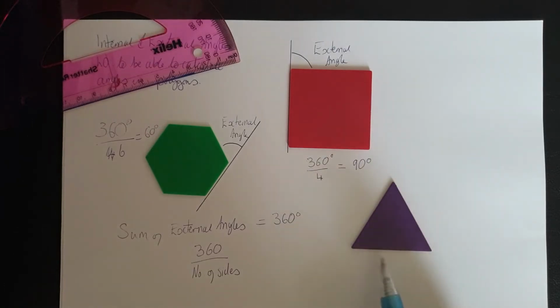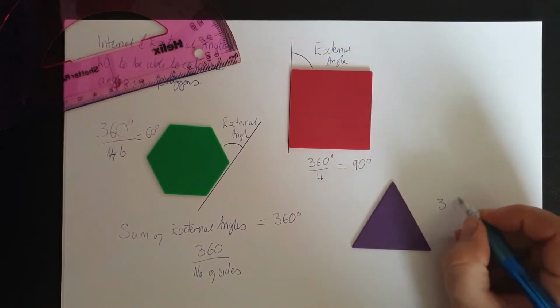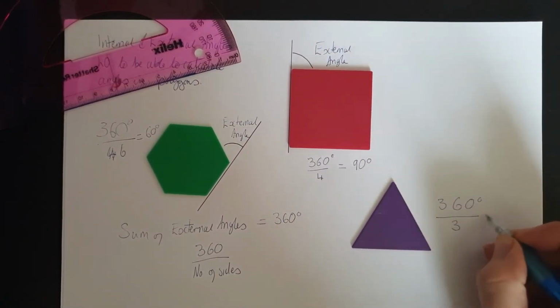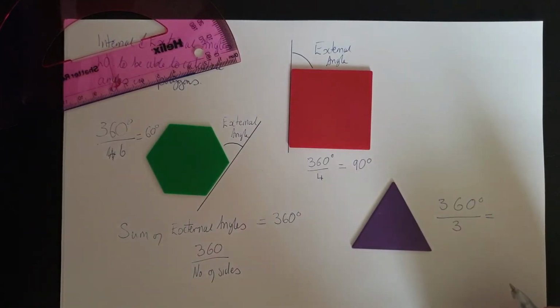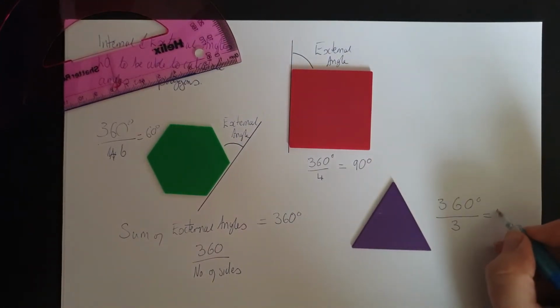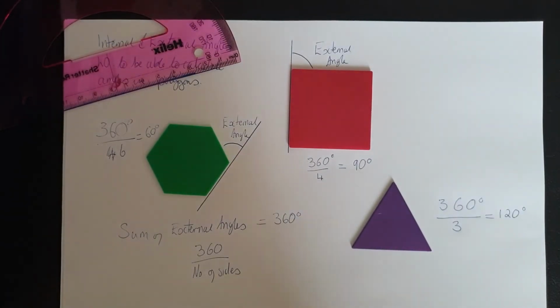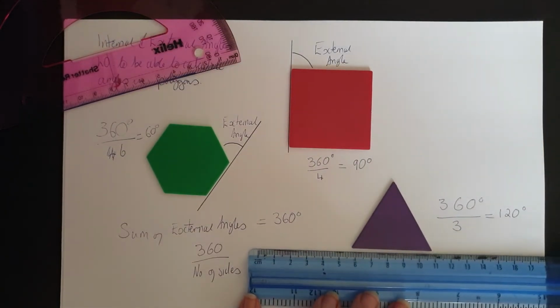Well, obviously a triangle has 3 sides. So we've got 360 degrees divided by 3 will give us 120 degrees. But where is that 120 degrees?